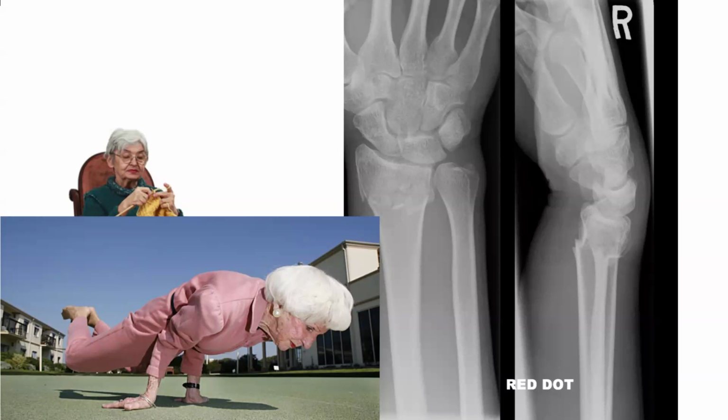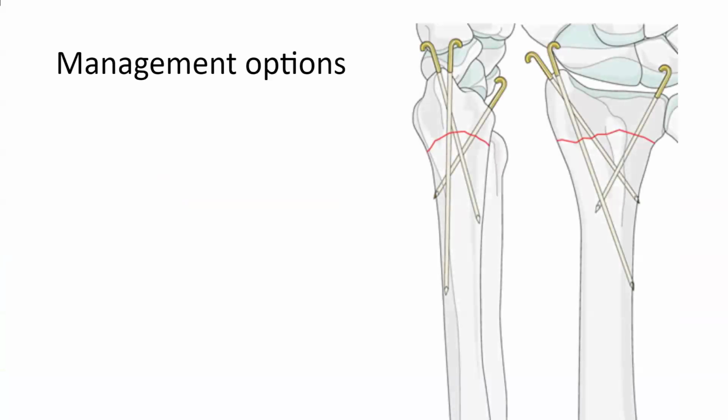But this one needs a good reduction, and this might be better for her. With a Colles fracture, the benefit of fixing it with what we call K-wires, Kirschner wires, that you can see here, is that it's a bit more reliable, and it gives us a little more security, knowing that there's something keeping the fracture in position.